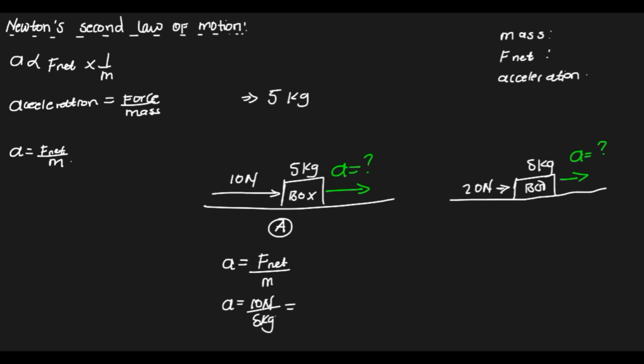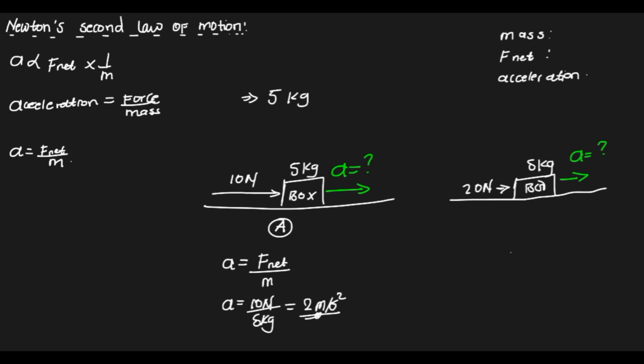So 10 divided by 5 is 2 meters per second squared. So if we apply a force of 10 newtons to an object with a mass of 5 kg on a frictionless surface, we are expecting an acceleration of 2 meters per second squared.